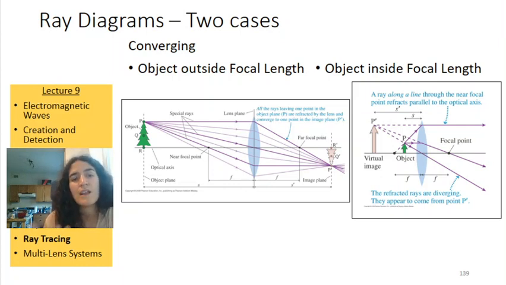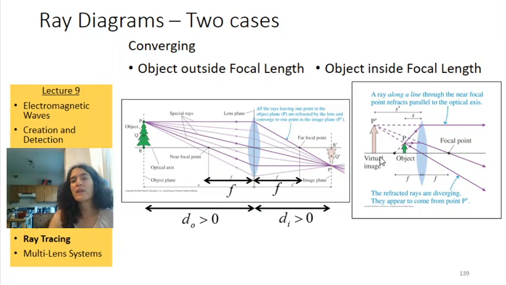It also looks like it's further away than it actually is. And that's exactly what's happening here, right? So you have to be on this side of the lens in order to view an object that is in front of you. And you see a virtual image that is enlarged and upright.